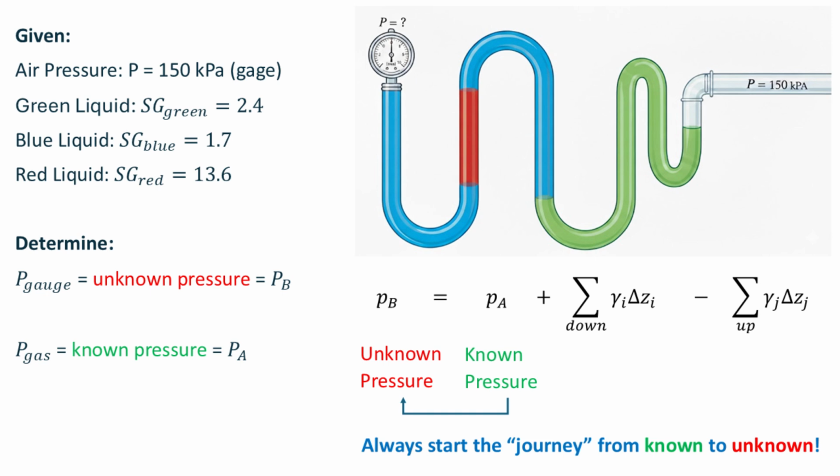As we start from the interface of air and the green fluid, the pressure at this interface is approximately the same as 150 kPa because air, with a specific gravity of approximately 0.00121, has a significantly smaller specific weight than the liquid.